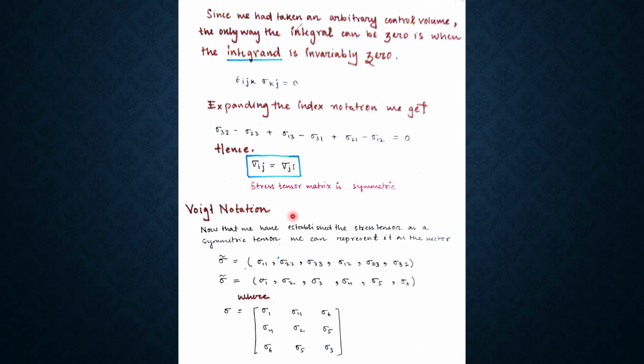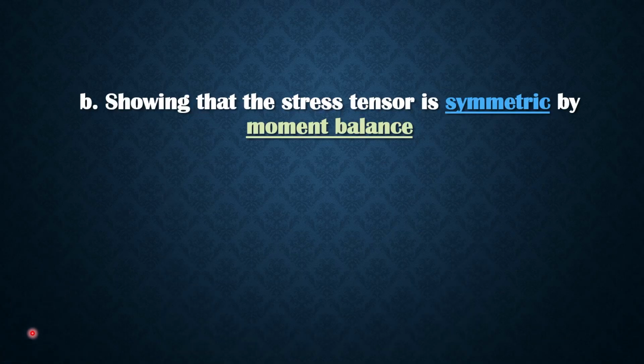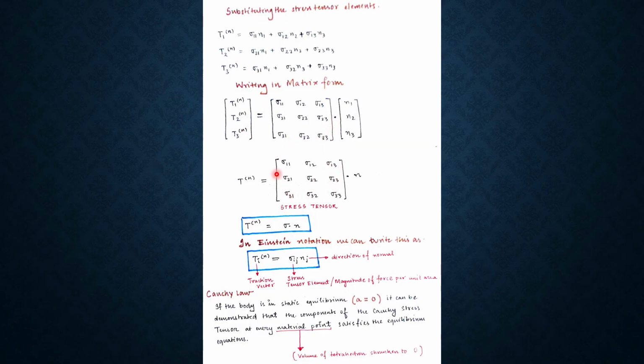Okay, so another thing that I would like to introduce over here is something that is called void notation. This is useful in case of symmetric matrices. And since we have established that the stress tensor is symmetric, we can use it. What it does is, let's say there is some symmetric matrix and it has the elements in this manner, sigma 11, sigma 12. And since it is symmetric, these elements would be equal, the elements that I'm marking.